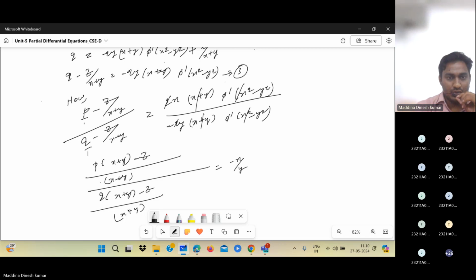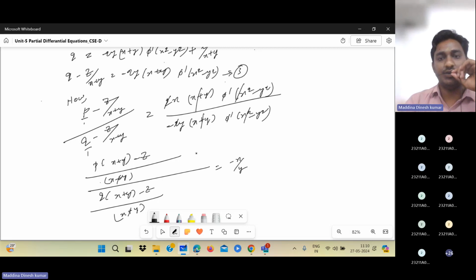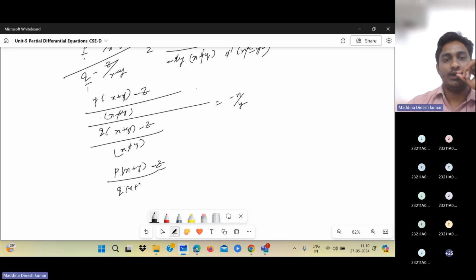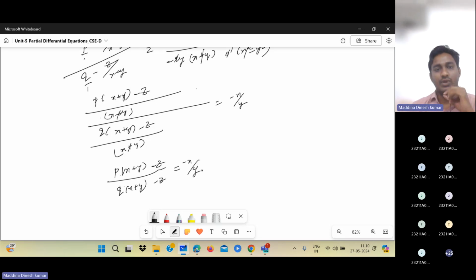Okay, so that x plus y will vanish out. The remaining term we will get here: p into x plus y minus z by q into x plus y minus z equal to minus x by y.